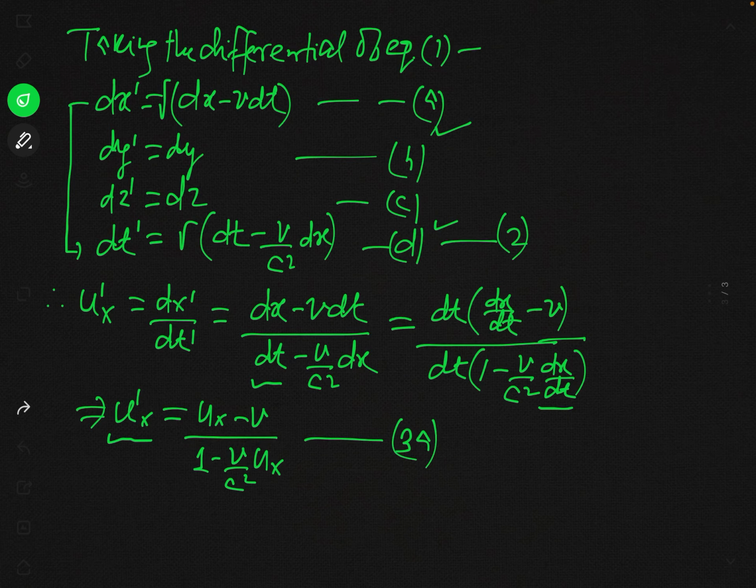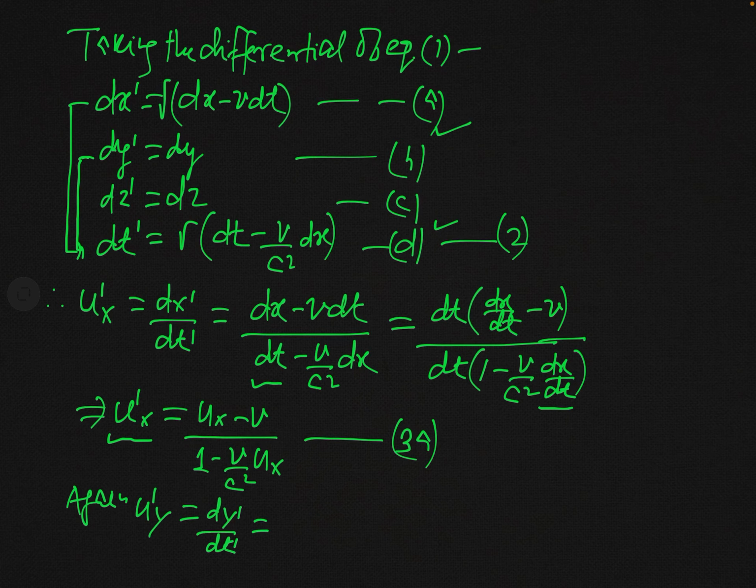Now to get the other equations, as I have told you, you should divide this dy prime by this dt prime. So you can find u prime y equal to simply dy prime by dt prime. Here this is a very small change in y prime and a very small change in time t prime, so this is just a division.